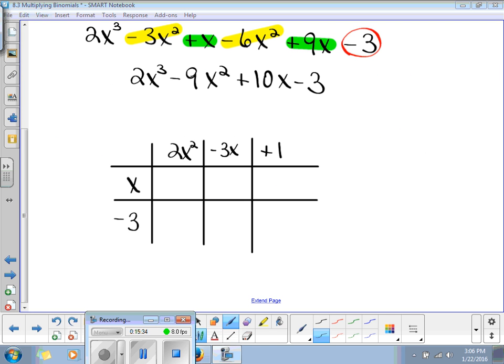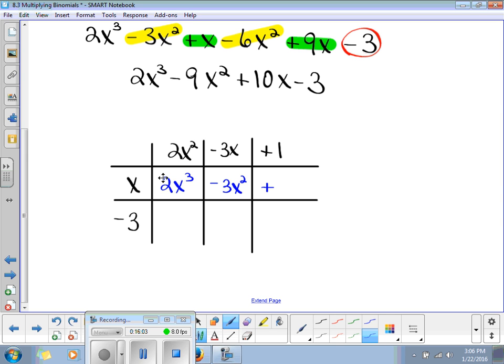So you can also do this using a table, and this is how you would set it up. And then you would multiply x times 2x squared, x times negative 3x, x times 1, negative 3 times 2x squared, and so forth. Let's just do it. So we have 2x cubed. This one's going to be a negative 3x squared.